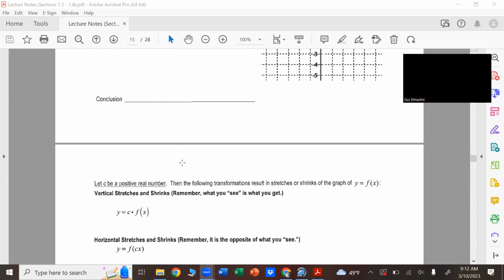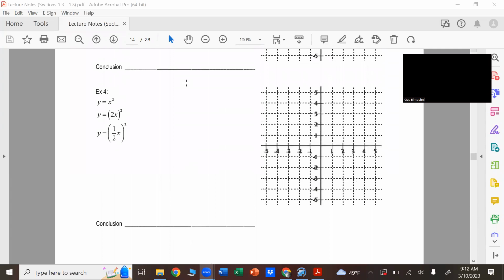Now, in this case, I'll call this letter C. So y equals cx squared. So here C is 1, here C is 2, and here C is 1/2. And again, H and K are still both 0, and A is 1 for all these.